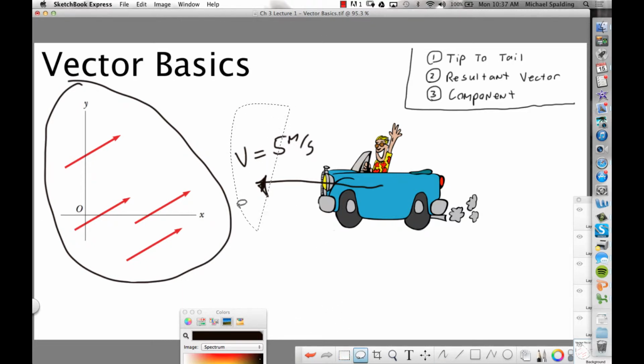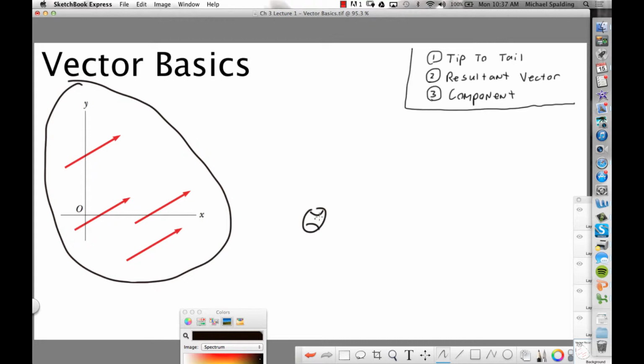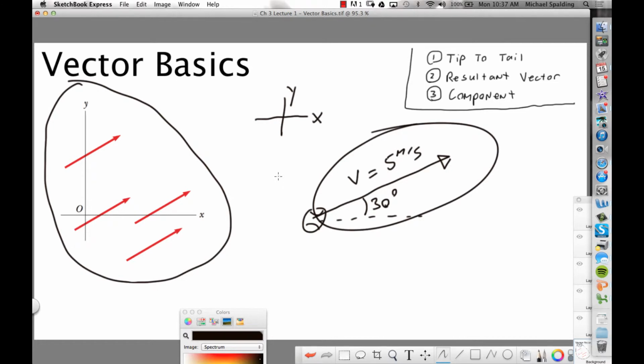And so I'm going to erase this. So say we kick a soccer ball. So here's a soccer ball, and let's say the soccer ball gets kicked with a velocity of 5 meters per second at an angle of 30 degrees. Now, here's the x, here's the y. Is the 5 meters per second perfectly in the x?